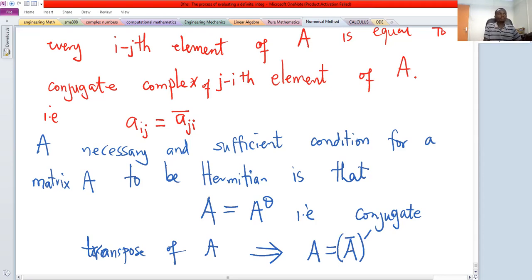That is the necessary and sufficient condition for a matrix to be Hermitian.